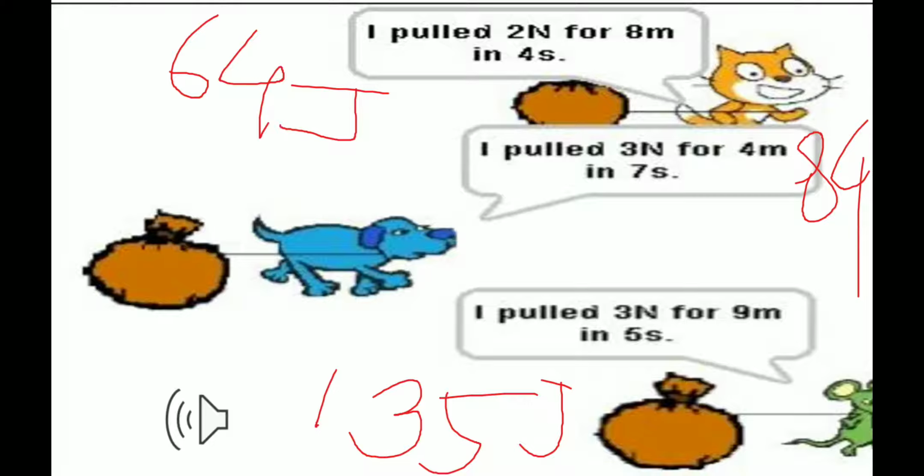Now, who is doing the maximum work in 1 second? 135 joules, isn't it? So, that body is having the maximum power. That body can do 135 joules of work in 1 second. Okay, so this way we compare power. So we move to the next one.